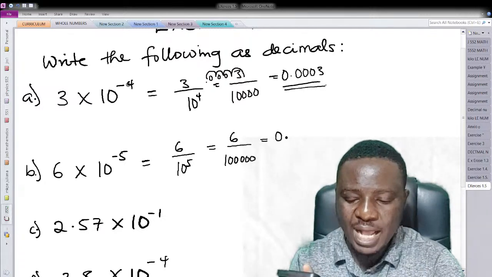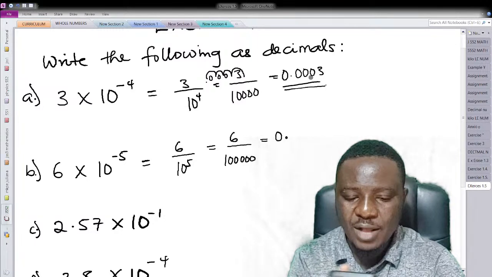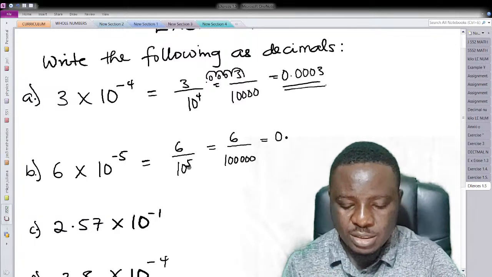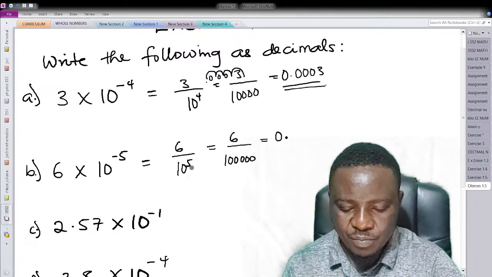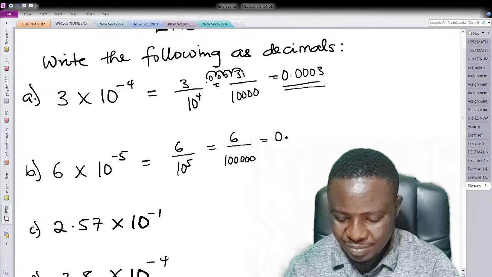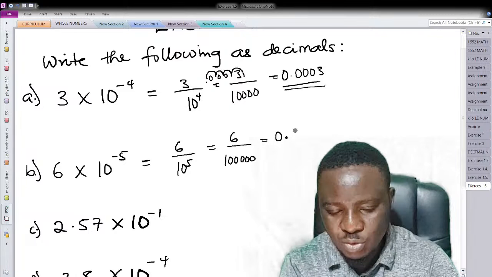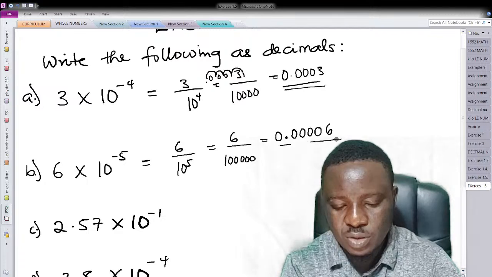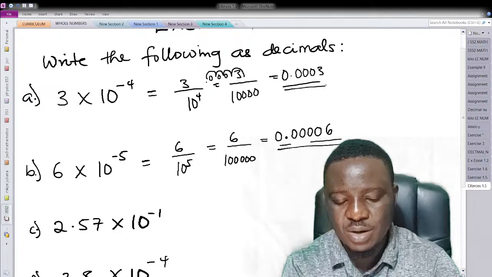When we had minus 4, we have 3 zeros in front of it. So if this is minus 5, we are going to have 4 zeros in front of it, right? So this is going to be 0.00006. So this is what you have as a decimal.